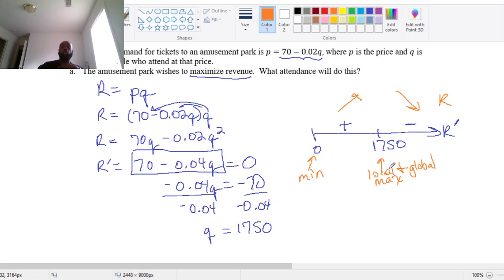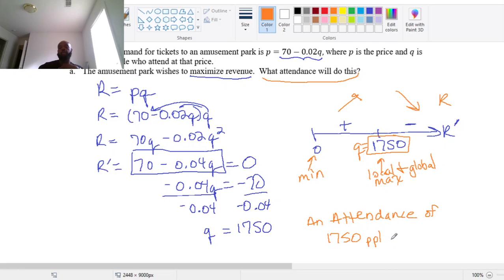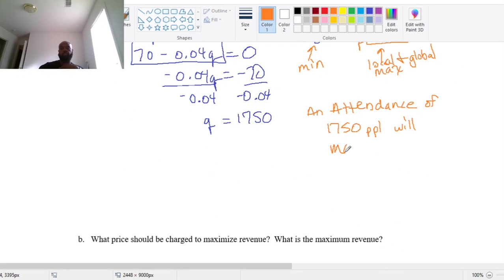And so since this Q represents the number of people who will attend, and the question says what attendance will maximize the revenue, an attendance of 1,750 people will maximize revenue.